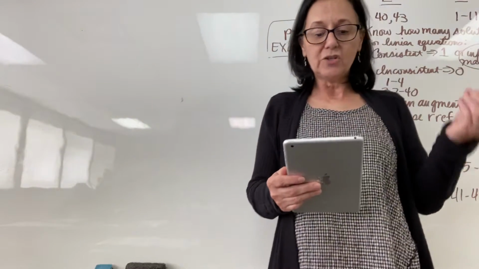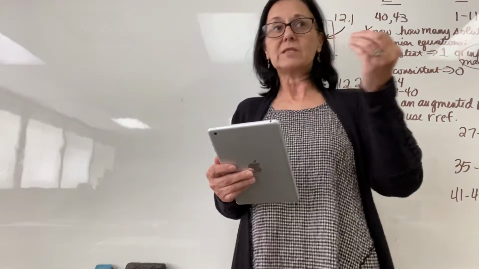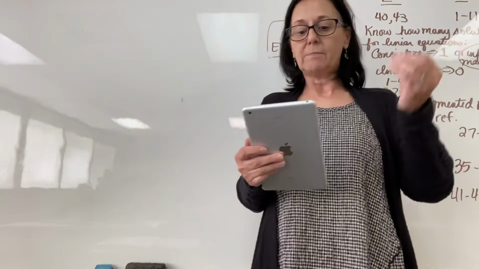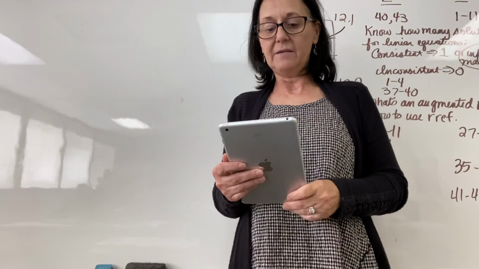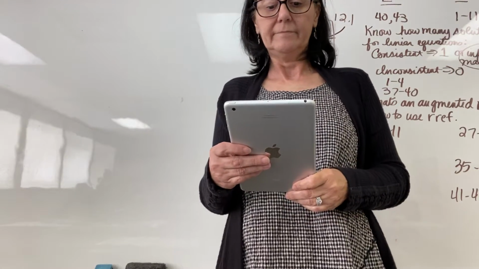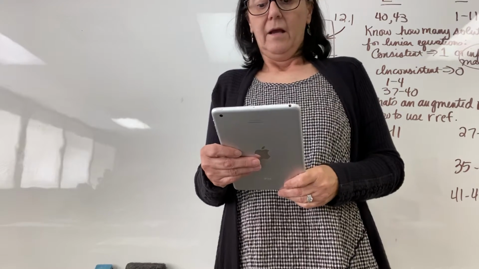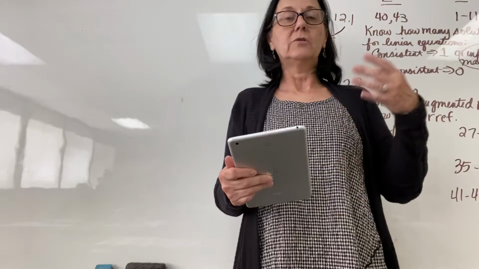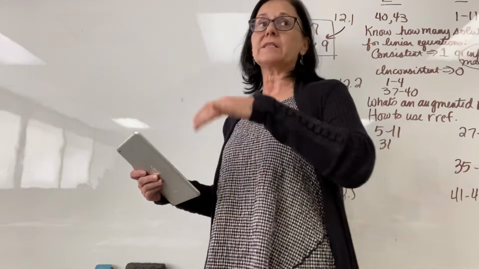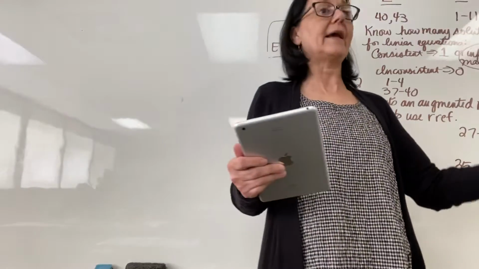That would be 2x plus 6y equals 16 and 2x plus 3y equals 7. Got it? Pretty easy, right? So that's what lesson 2 was about. Can you look at equations and write an augmented matrix? Can you take an augmented matrix and go back and write the equations?